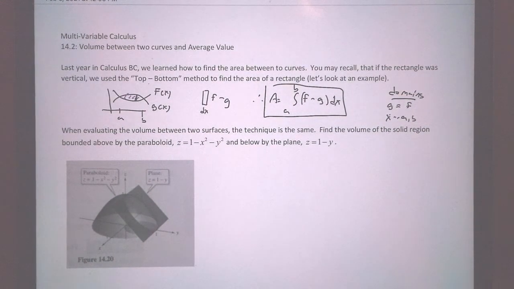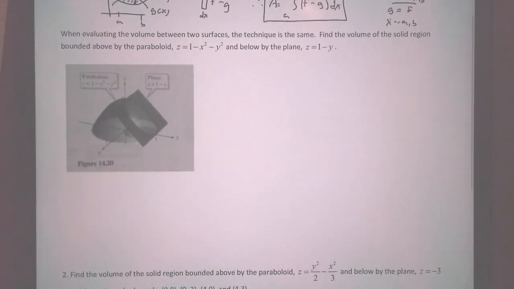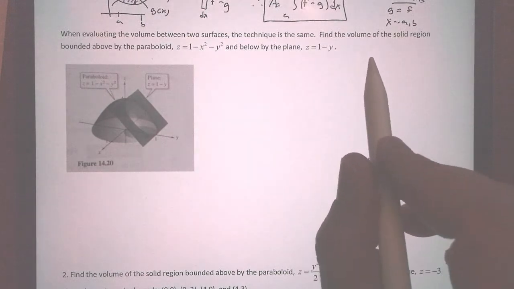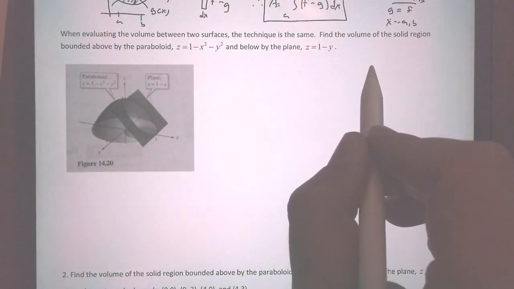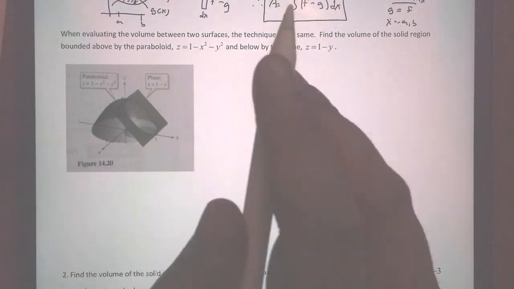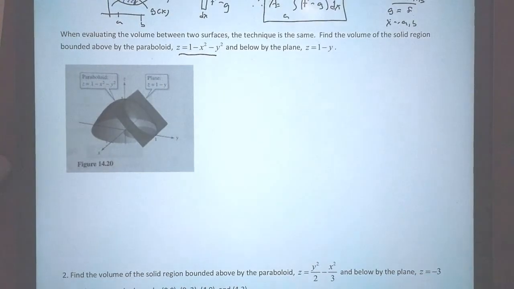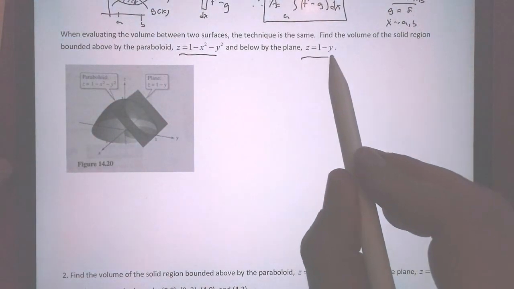Very easy function. So today we're going to take a look at the exact same concept, but now we're looking at volume. When we are evaluating the volume between two surfaces, the technique is the same. Let's go ahead and find the volume of the solid region bounded above by this paraboloid, 1 minus x squared minus y squared, and below by the plane z equals 1 minus y.